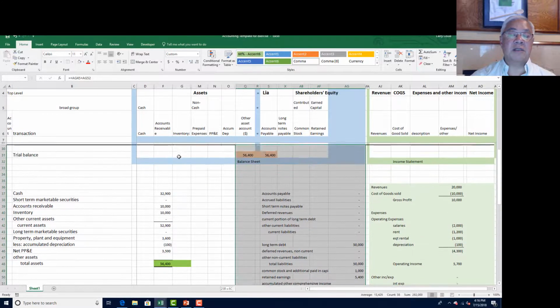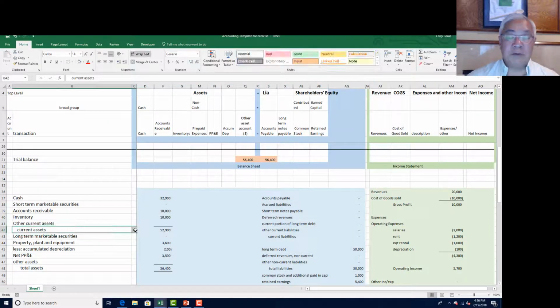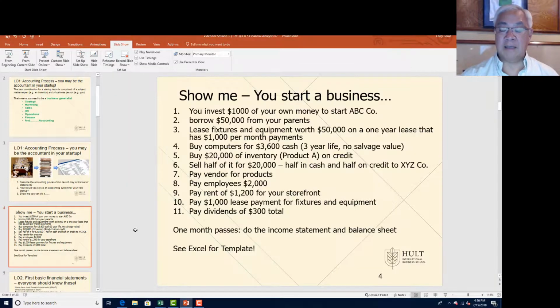So I'll just shade this light blue just to keep the color theme going. All right, so I hope that was somewhat review for you, because if you're the founder, you will probably be involved in setting up the books and making sure the lines in the chart of accounts are what you want to track so that you can use that for your own purposes. All right, we'll go back to the PowerPoint.